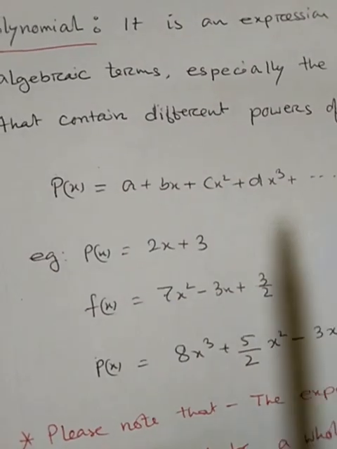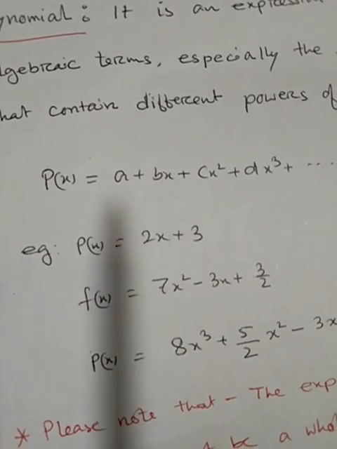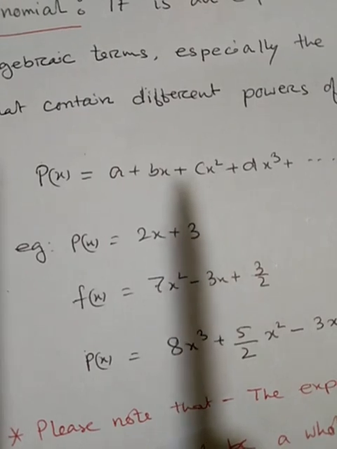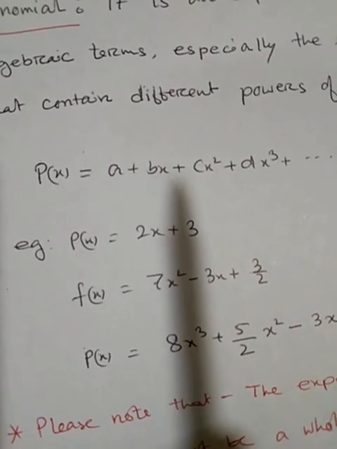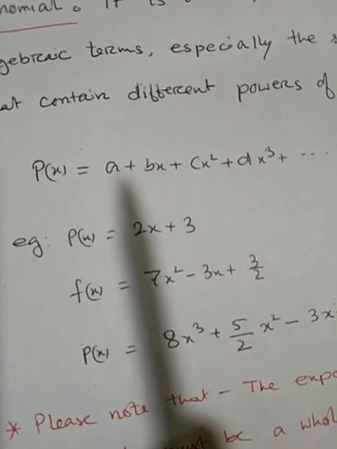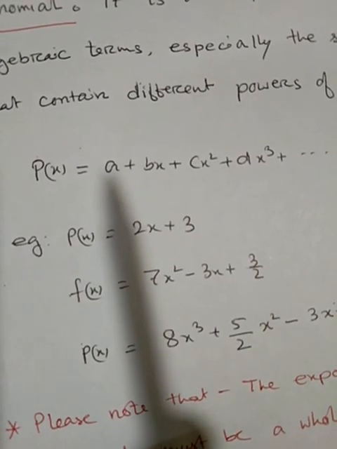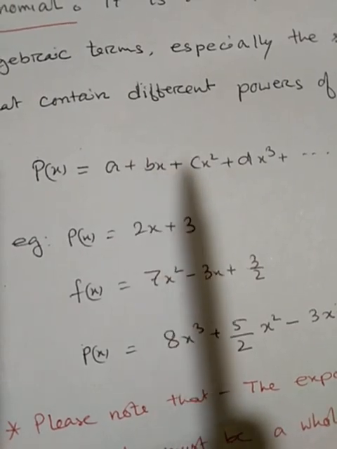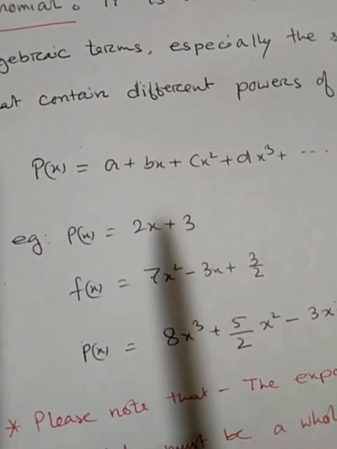Here the exponent of x is 1, here it is 2, here it is 3, and even here we have an exponent, that is a into x to the power 0. So the exponent can only be a whole number.